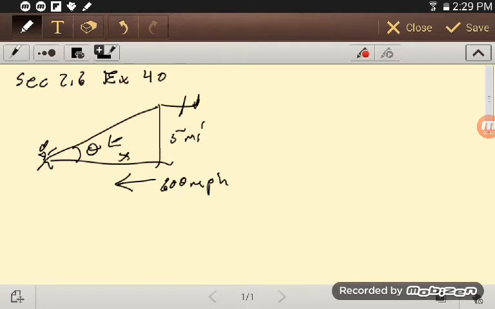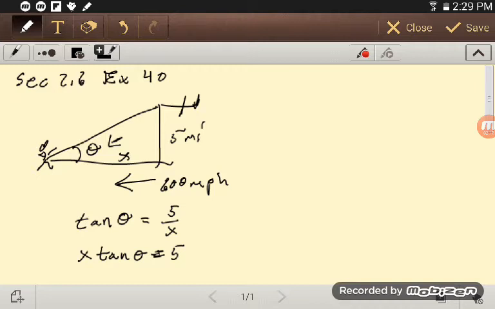So if this is at x, then that simply looks like a tangent sort of thing. So I have tangent theta is equal to 5 over x. Now I'd rather write it as x tangent theta is equal to 5.